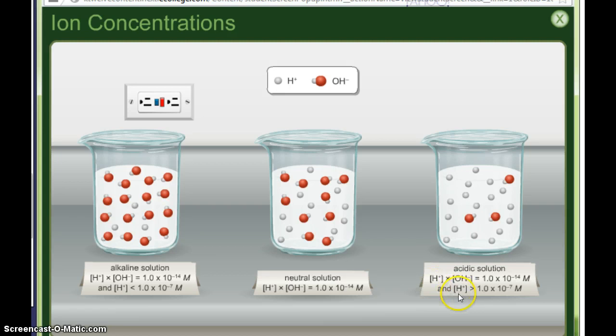And this time, though, the hydrogen ion concentration is greater than 1 times 10 to the negative 7th molar. So you have more of the hydrogen ions over here, obviously in the picture. In this one, you have more of the hydroxide ions, but both times when you multiply the concentrations together, you always get 1 times 10 to the negative 14th.